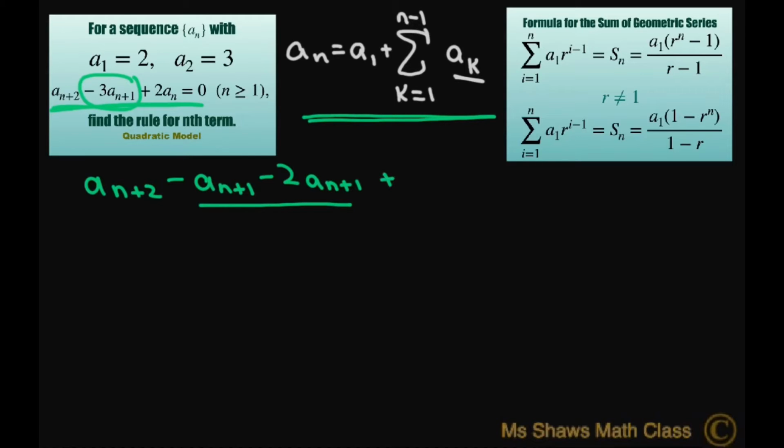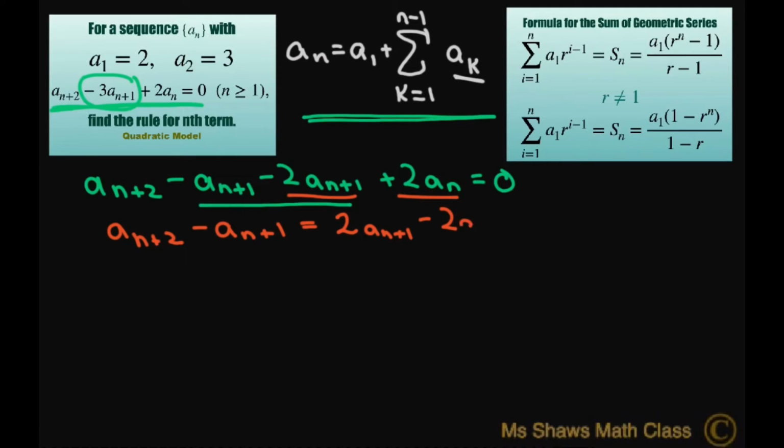Then we still have this plus 2a sub n equals 0. Alright, now what I'm going to do is keep a sub n plus 2 minus a sub n plus 1 on the left hand side and move these two over. So this would be 2a sub n plus 1 minus 2a sub n. Well, this equals 2 times a sub n plus 1 minus a sub n.